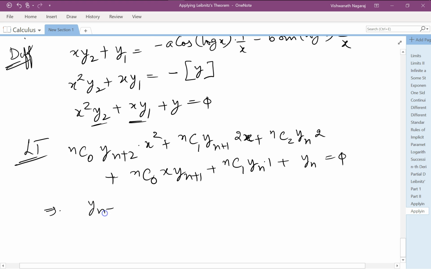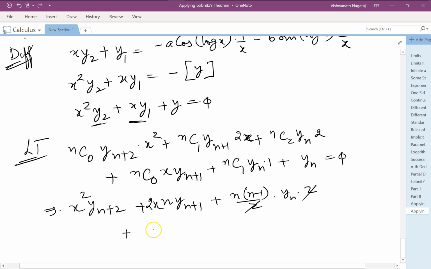So 1 yn plus 2 x square plus nC1 is n, yn plus 1, 2x plus nC2 is n times n minus 1 by 2, yn times 2. So 2 gets cancelled. Plus 1, so x yn plus 1 plus n times yn plus yn equal to 0.